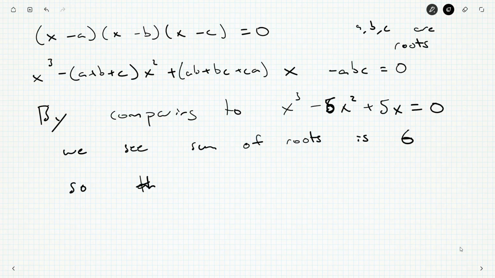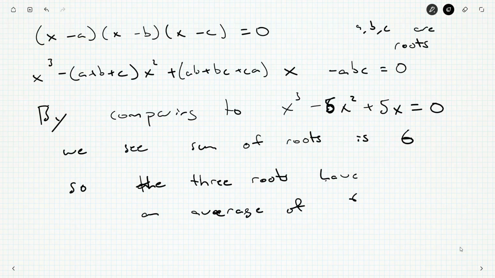So the 3 roots have an average of 6 over 3. I'm just reminding them that there are 3 roots. That's why I'm dividing by the 3 here. 2. So that's another way to write it up.